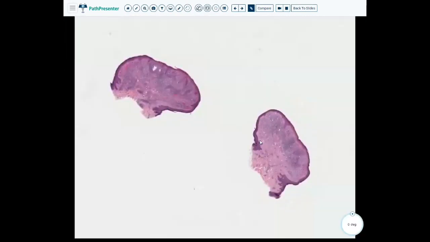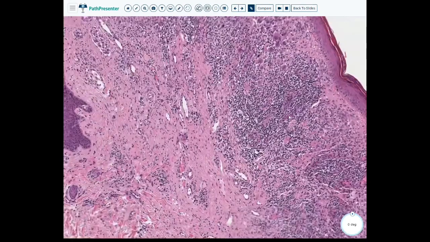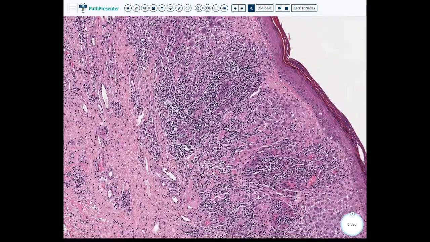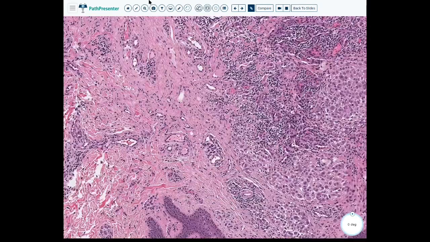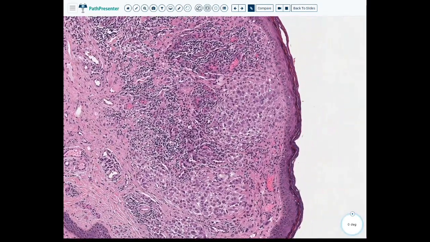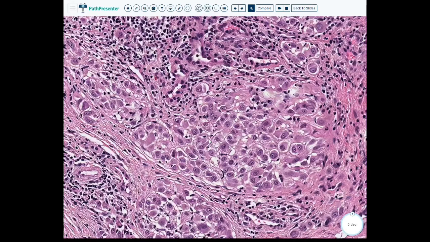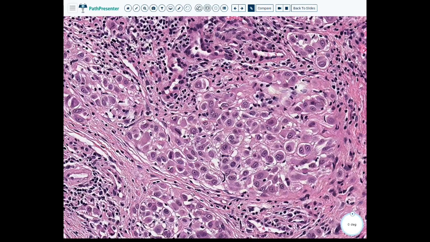All right, and for our last case, case 17, so what we see is that there's definitely a dermal component going on here. And it mostly looks lymphocytic. Okay. And then we have these vague nests of really atypical looking cells.